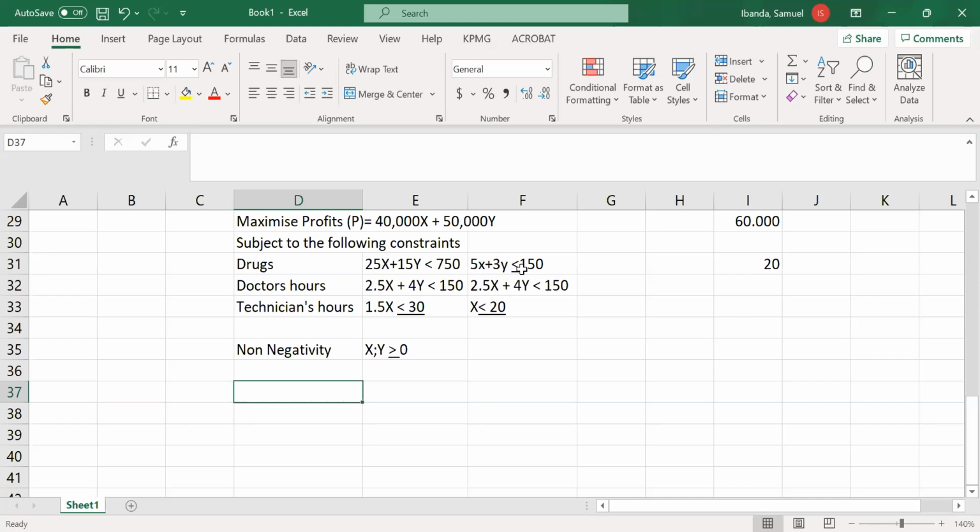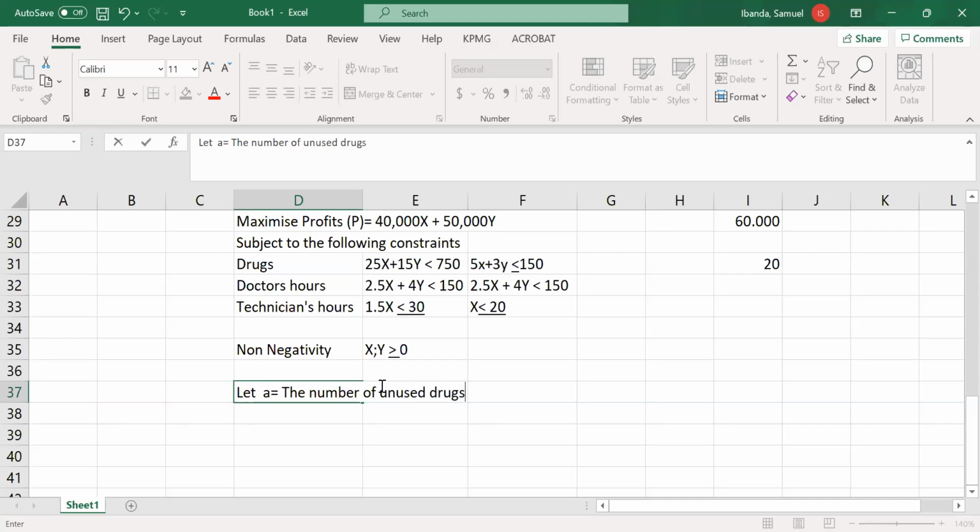Now, since we're introducing slack variables, these can be in different formats. Let's use A. Let A be the number of unused drugs, okay?